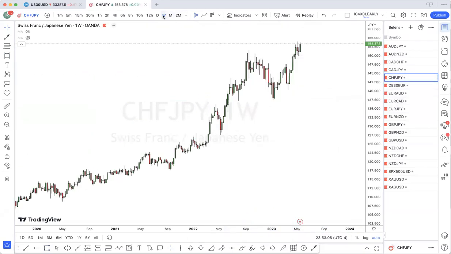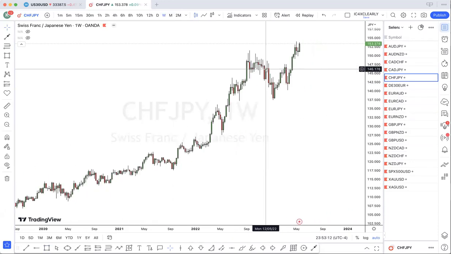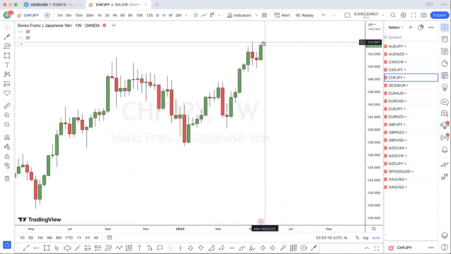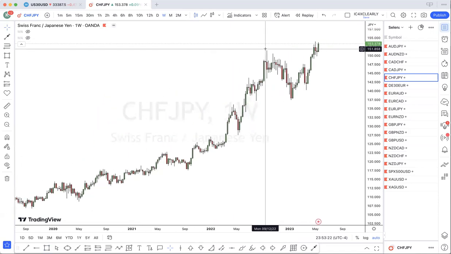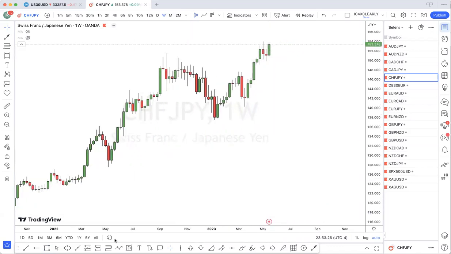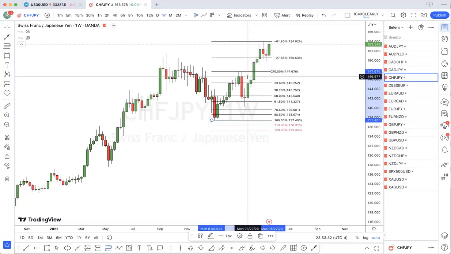CHF JPY. We have a weekly bullish order block. CHF JPY is at its all-time high. Well, almost there, it's pretty much at the high. So we currently have a bullish order block. I'm just going to see if price played all the way out.